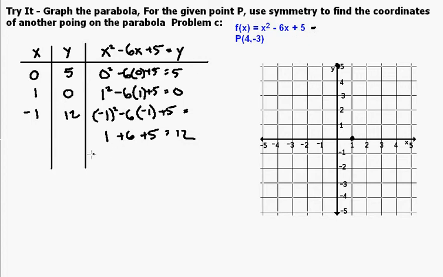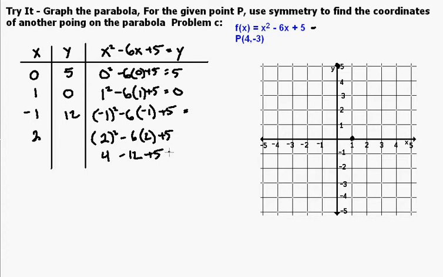Okay. Let's go the other direction. Let's go to 2. So we'll erase this real quick. And now let's go to 2. So when x is 2, here I've got 2 squared minus 6 times 2 plus 5. Well, that's 4. That's minus 12. That's plus 5. 4 minus 12 is negative 8.